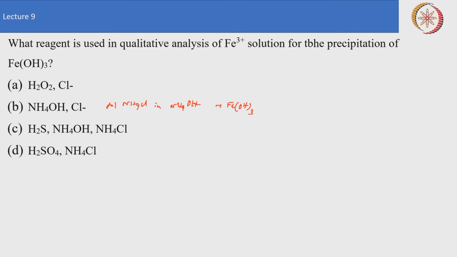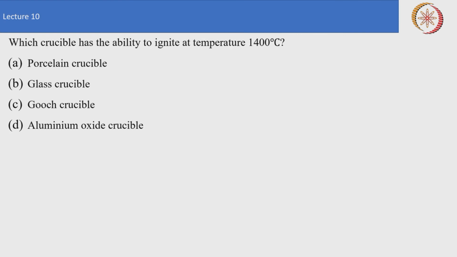This ammonium hydroxide we place on the iron complex, so it can form iron hydroxide, Fe(OH)3. Along with this, water molecules will coordinate, so a hexa complex will form. So B is the answer.